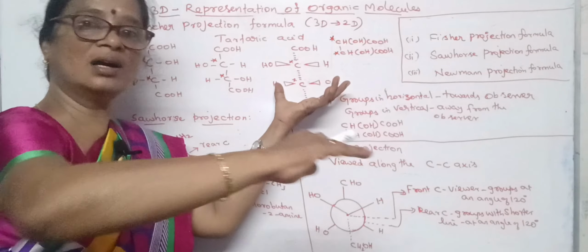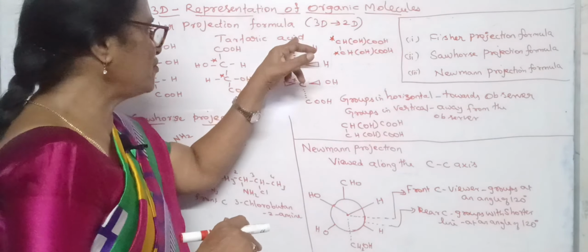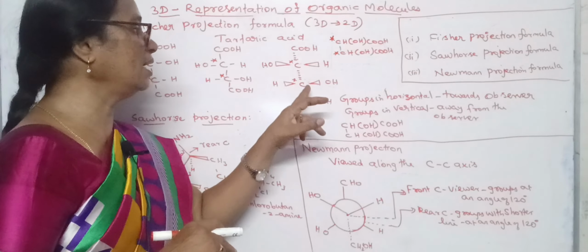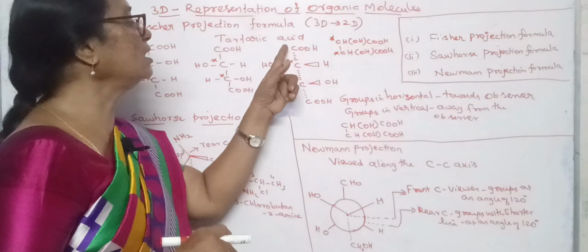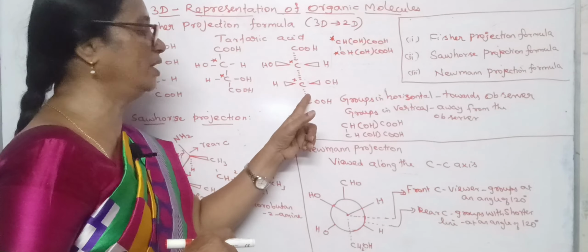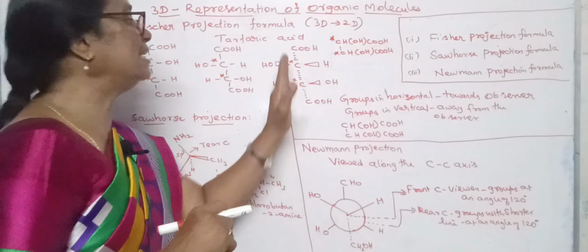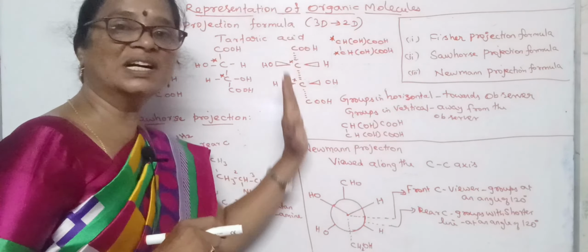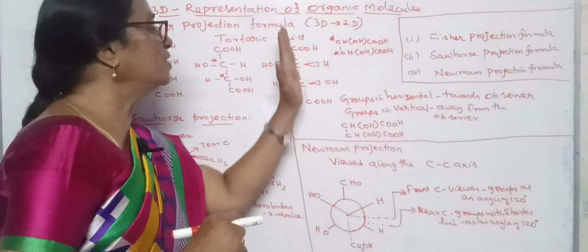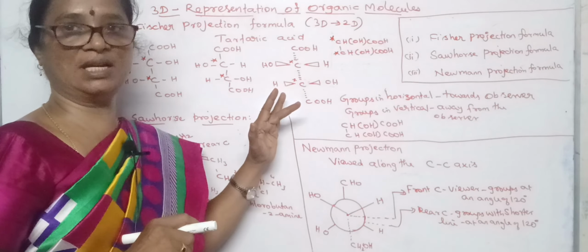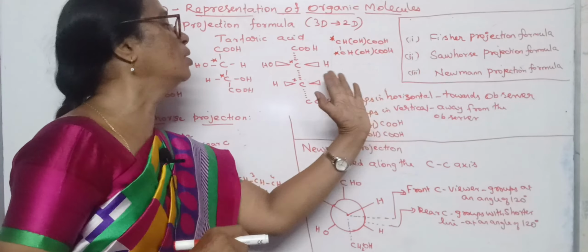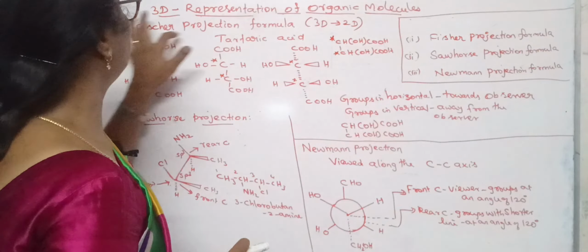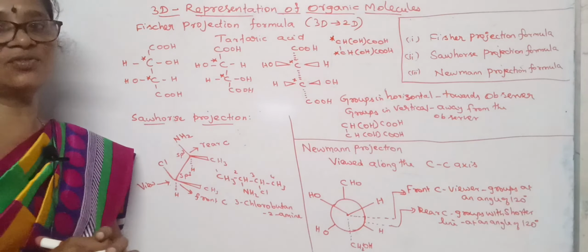And you may find the vertical carbon atoms, COOH and COOH; all the carbon atoms are bonded with dashed lines. The dashed line means the carbon atoms are at the vertical position, behind the plane. You can view the molecule from the horizontal substituents. This is the representation of the Fischer projection formula.